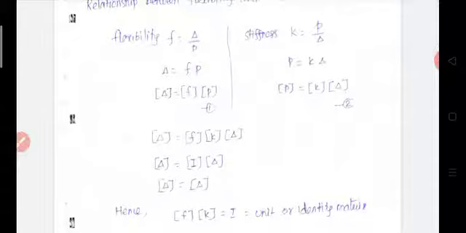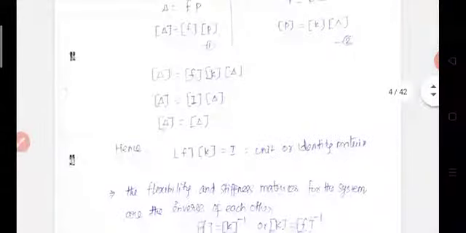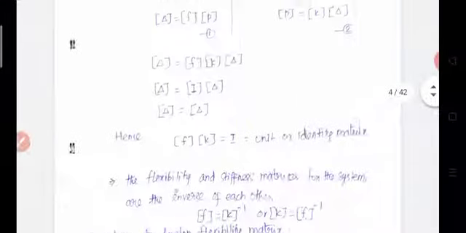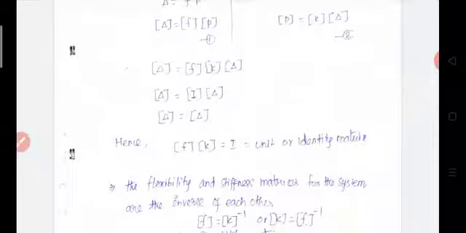Therefore both sides will be the same. From this we found that the product of the flexibility and stiffness matrices is equal to the unitary or identity matrix. Therefore the flexibility and stiffness matrices for the system are inverse of each other. So the flexibility matrix is equal to the inverse of the stiffness matrix, or the stiffness matrix is equal to the inverse of the flexibility matrix. Thank you.